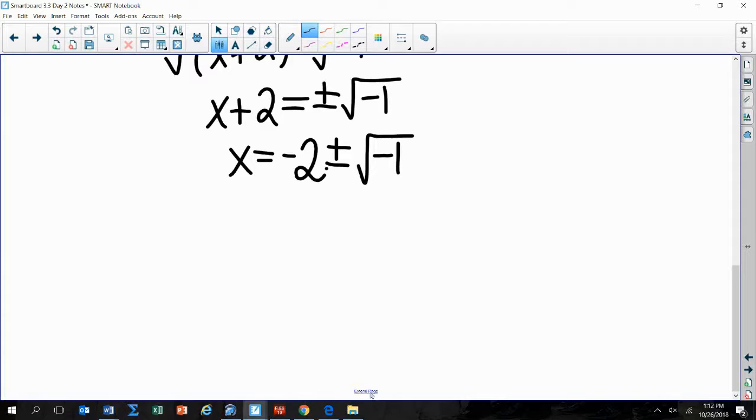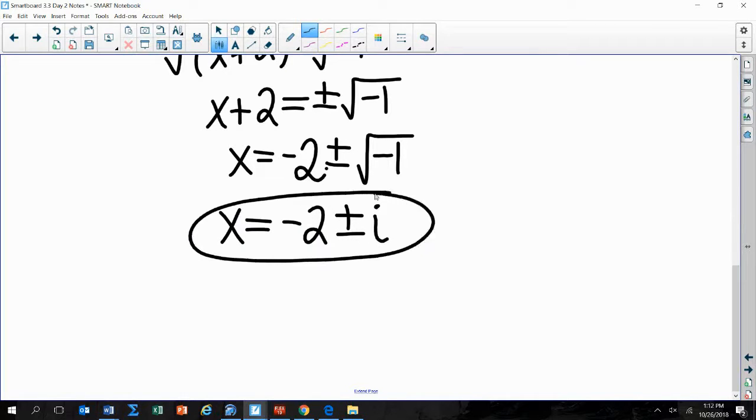What is the square root of negative 1? I, right? The square root of negative 1 is i. So I'm going to have x equals negative 2 plus or minus i. Two solutions. Negative 2 plus i is a solution, and negative 2 minus i is a solution.